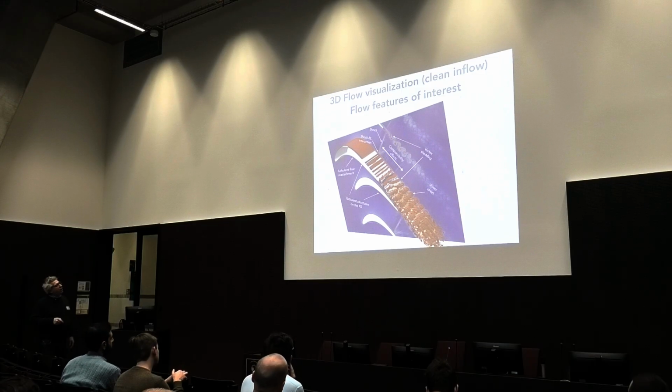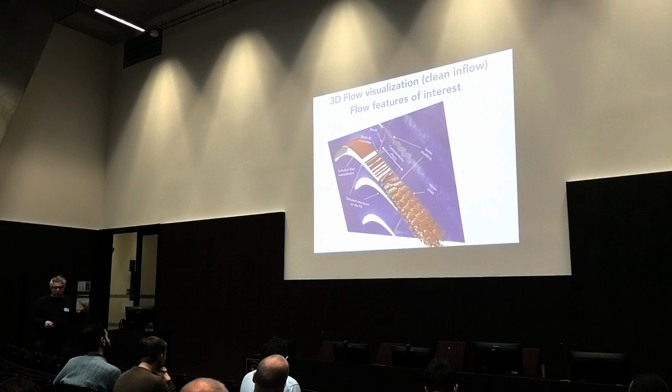with three-dimensional structure. Since we are dealing with compressible flow, you have acoustic waves. Here you can see the compressibility effect, and you also have shock waves. And these shock waves can impinge on the next blade boundary layer, leading also to what is called a shock wave boundary layer interaction.